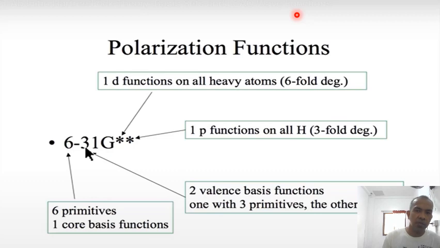If you take linear combinations of them, you can show that you make five canonical d functions, which, if you remember your quantum mechanics, are usually not indexed by Cartesian coordinates. They are d minus 2, d minus 1, d0, d1, and d2.